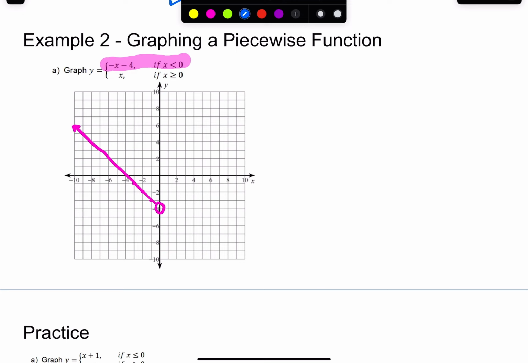All right, my second line, y equals x. I'm using a blue line, so that's the y-intercept 0 and slope of 1, so I'm going up 1 over 1. And again, I'm going to draw my whole line and erase what I don't need.